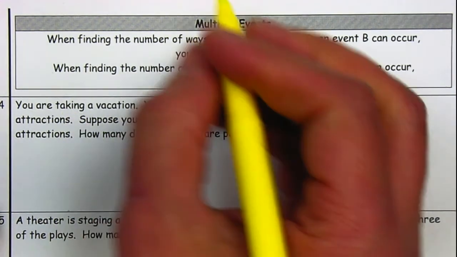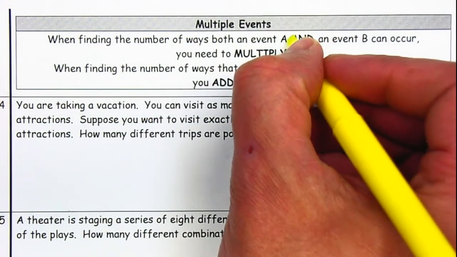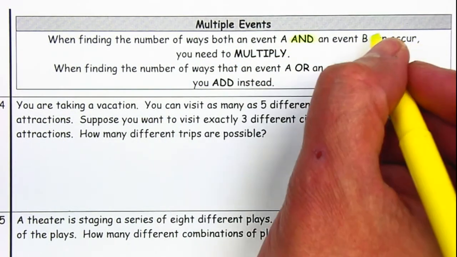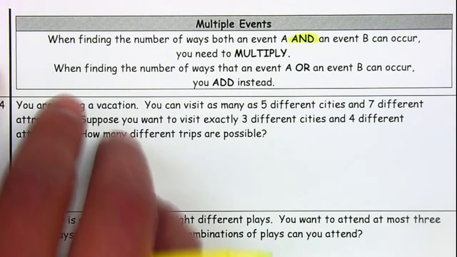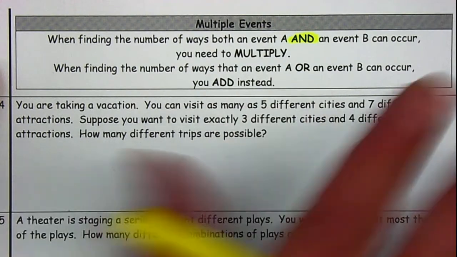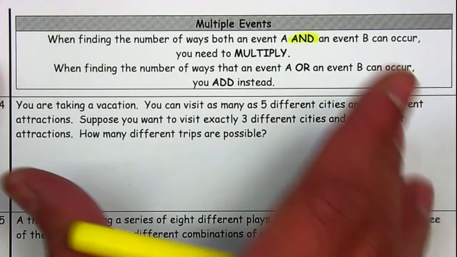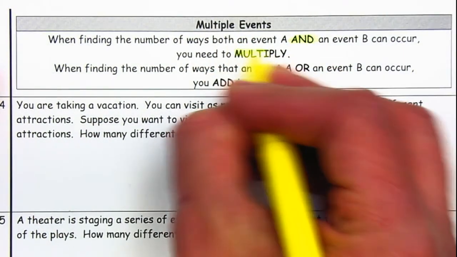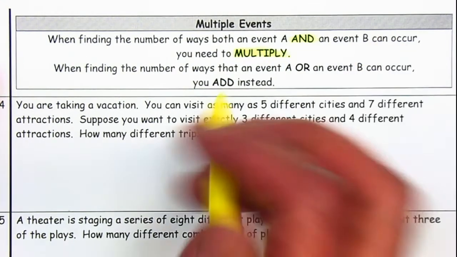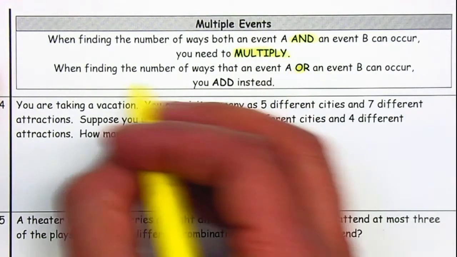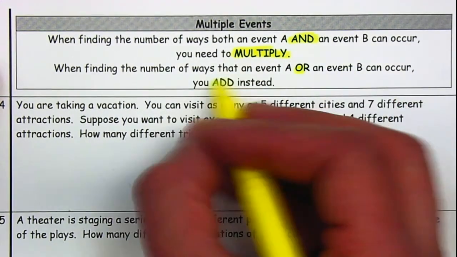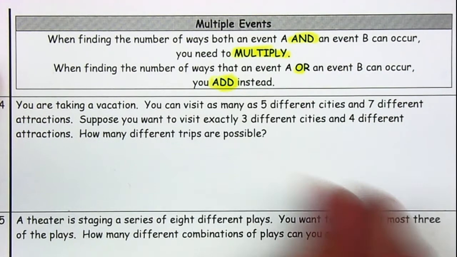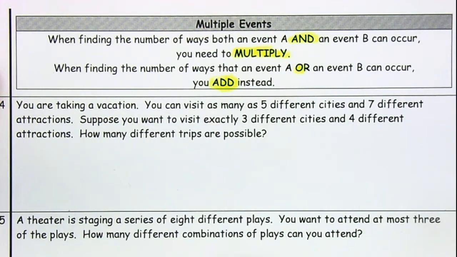When we are finding the number of ways for both event A and event B to occur, we're going to calculate the number of ways to select A and then the number of ways to select B, and then we're going to multiply if it's an AND. Now, if it's an OR, we want the number of ways that event A or event B can occur. We are basically going to calculate them separately and we're going to add them.